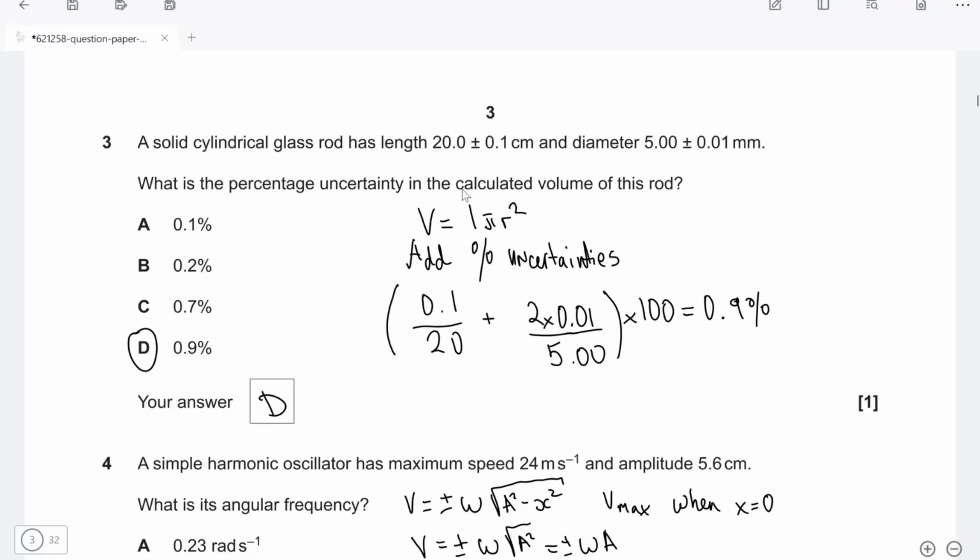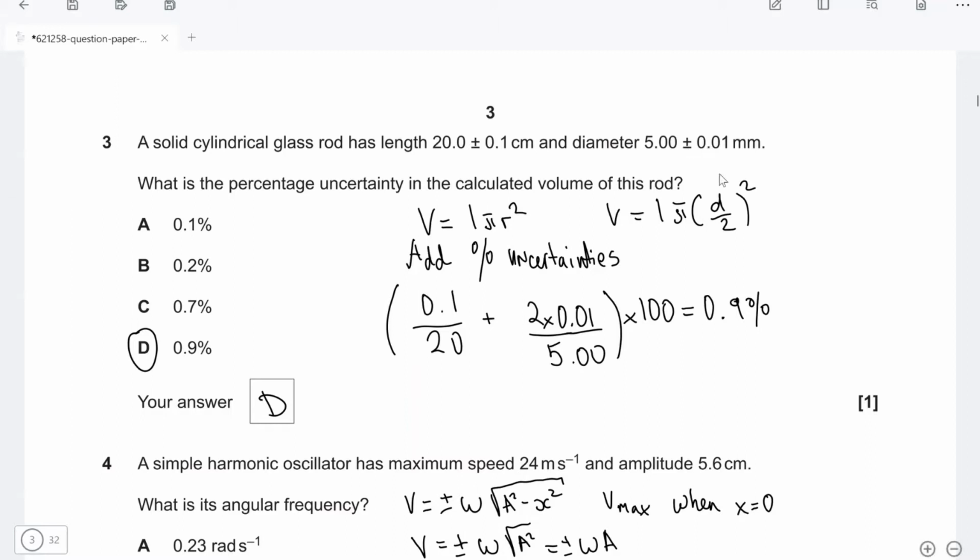The percentage uncertainty of the length is going to be given by 0.1 over 20. Notice that I've not included the centimeters because they're just going to cancel out. For instance, I could have had 10 to the power of minus 2 here and 10 to the power of minus 2 there, but they will just cancel out. The diameter, though, is going to be squared. Another way of writing the formula for a volume is the length times pi times d over 2, all squared. The factor of a half has no percentage uncertainty, but we're squaring this.